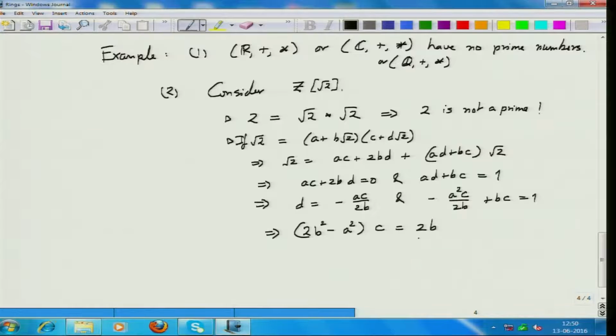So firstly, the right hand side is an even number. So the left hand side must also be an even number, which means, because 2b square c is an even number, a square c is an even number, which means either a or c is an even number.